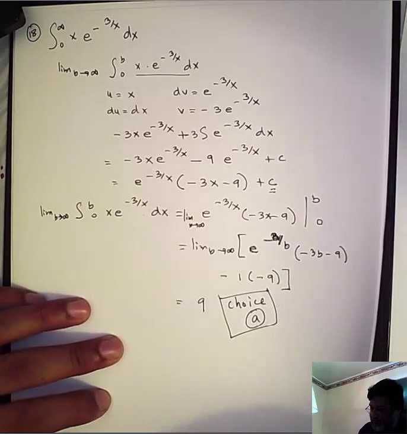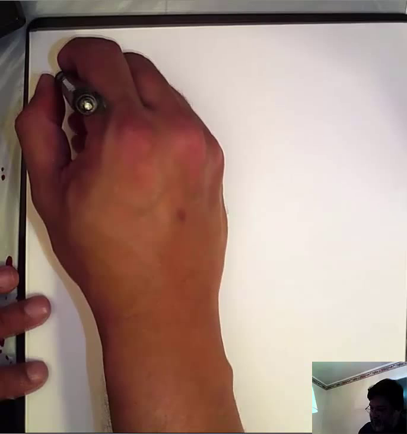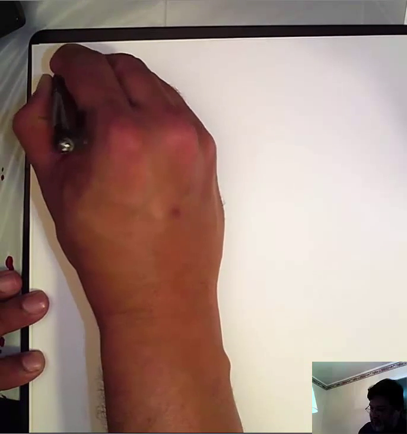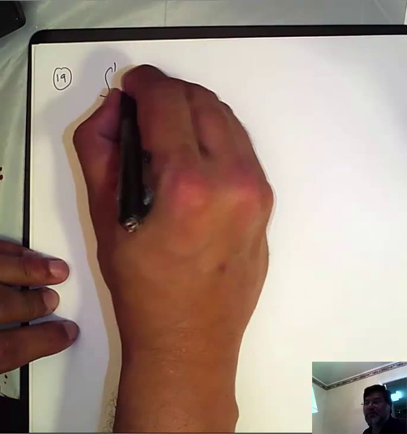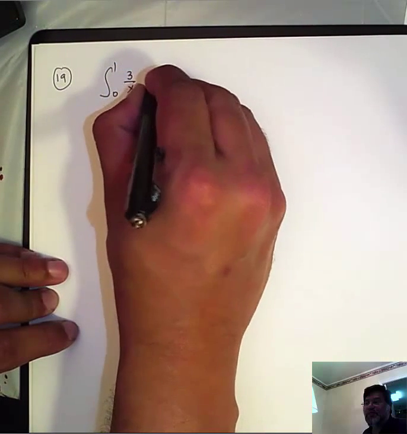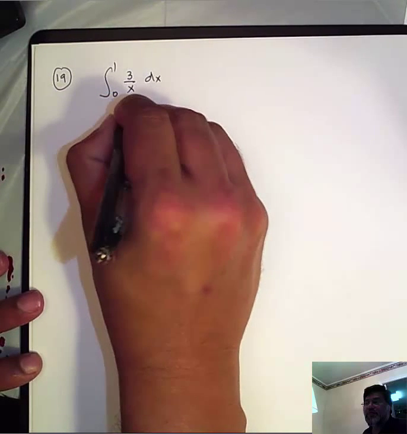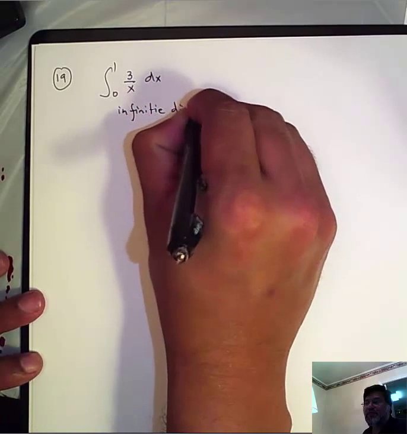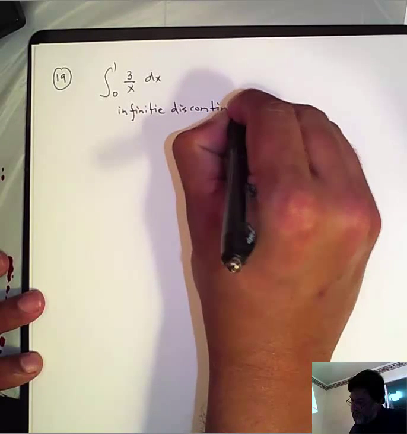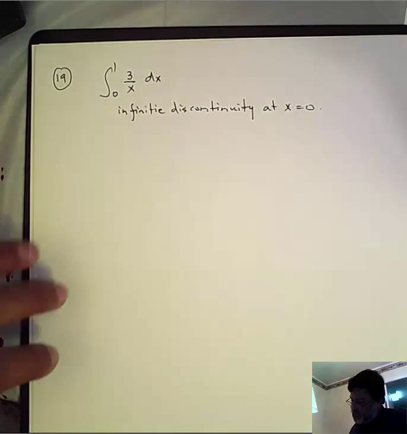Let's go to 19. 19 is determine if this converges or diverges. So we know we have an infinite discontinuity where? Right? So we can do this.